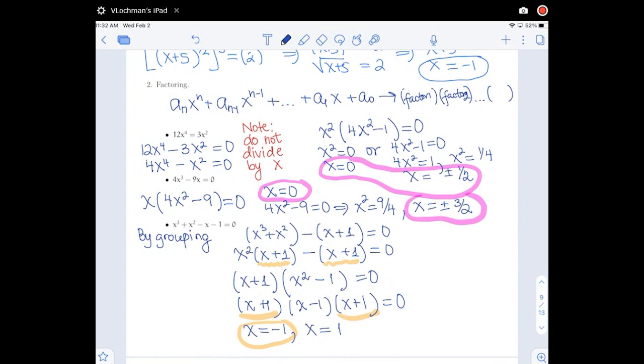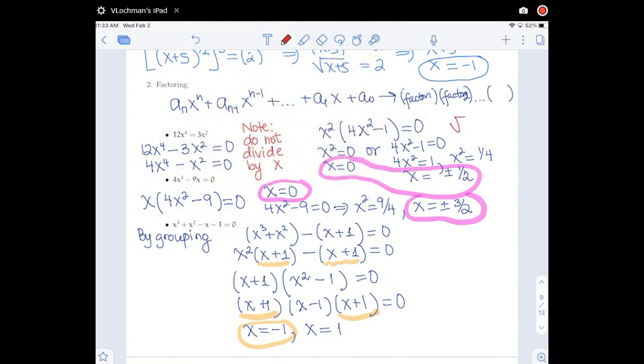It's just for the first one, the 12x to the fourth power. I was just wondering how or why it goes from x squared equals 1/4 to x equals plus or negative 1/2. How does that work? Okay.